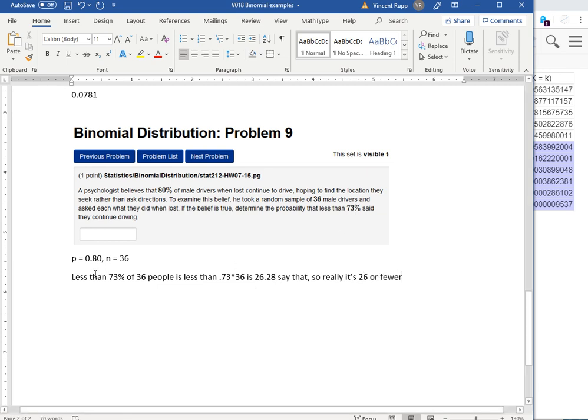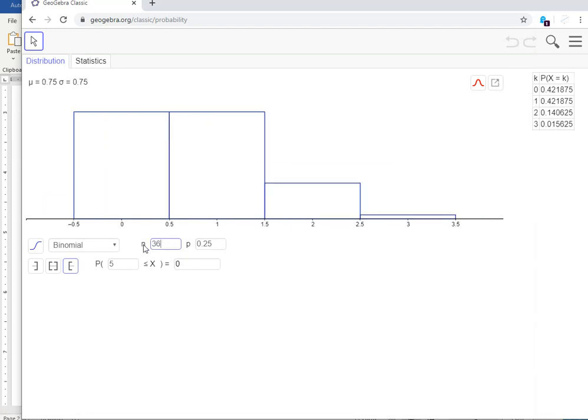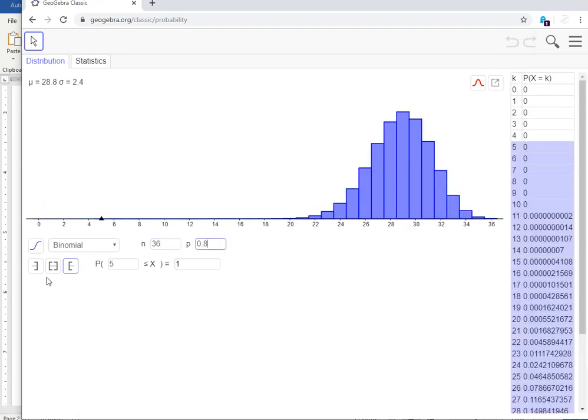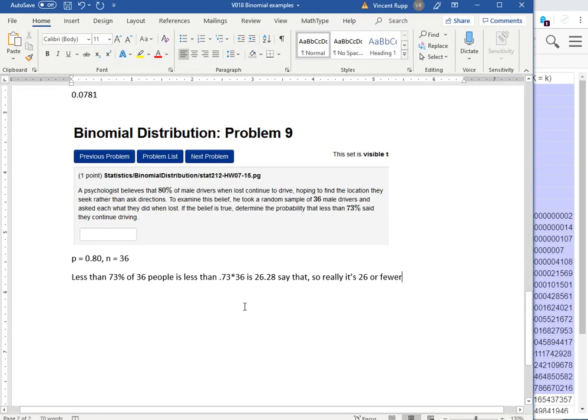So you go into GeoGebra, do p equals 0.8, n equals 36, and do lower tail starting at 26. That would give you 0.1676 if I round this. So 0.1676 is the number you would enter in this box.